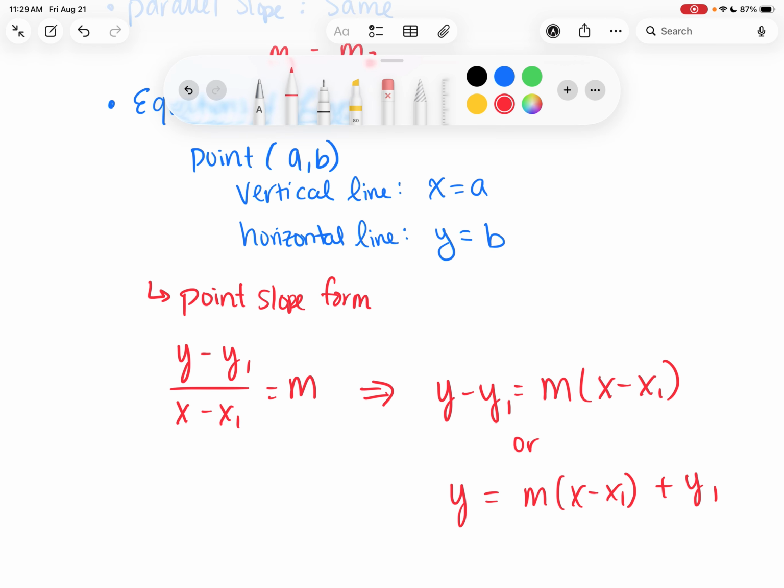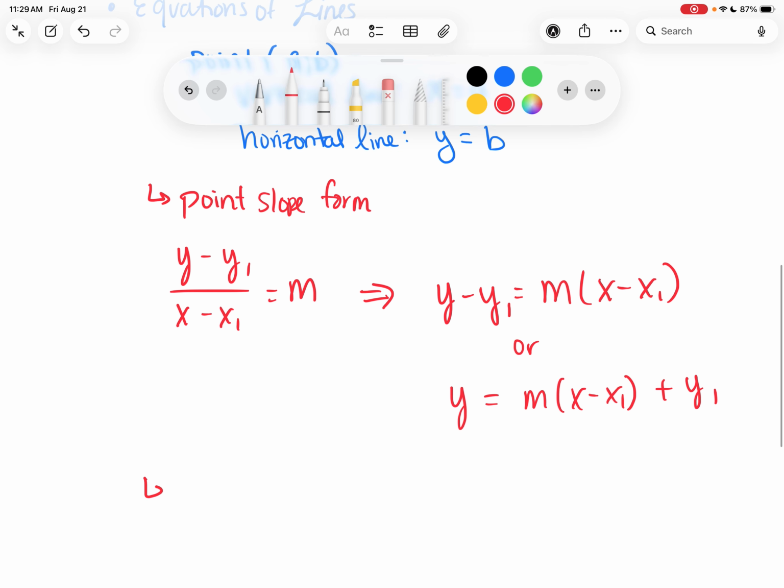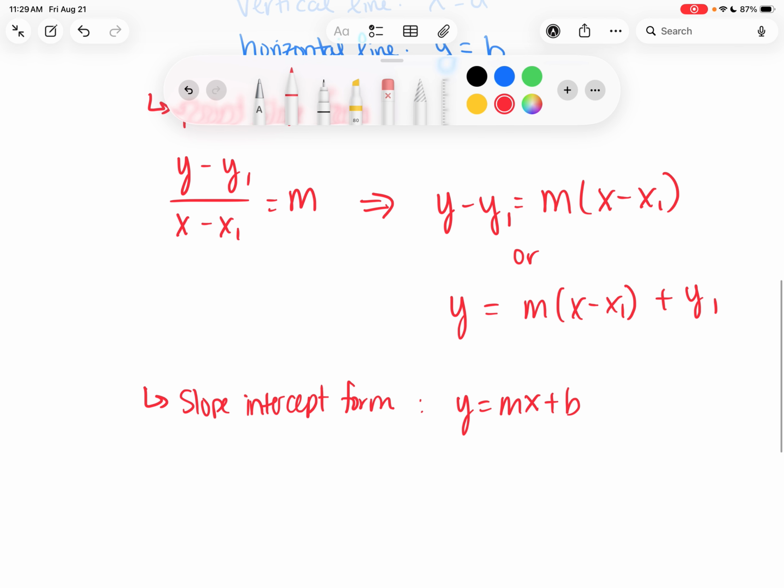So that's point slope. Then we have slope-intercept form, and with that one, that's just our usual y equals mx plus b. And then the last one is the one that we use the least, and in this class in particular, we very rarely use it, but it's general.